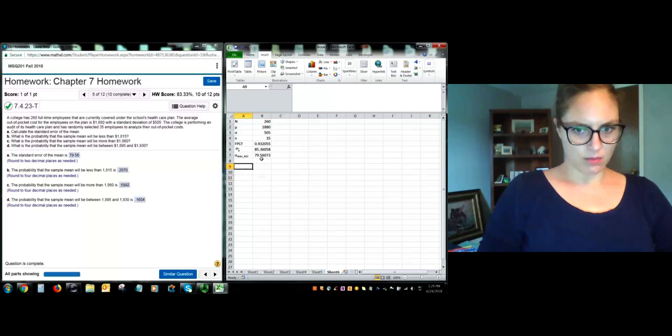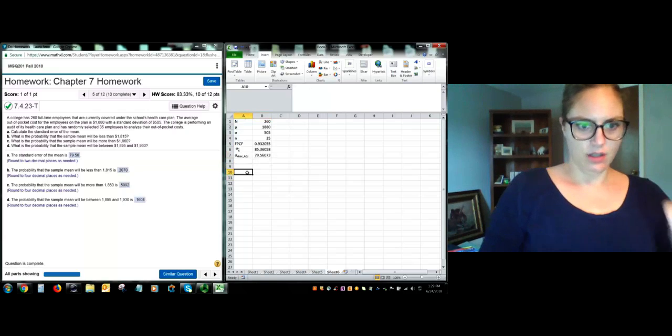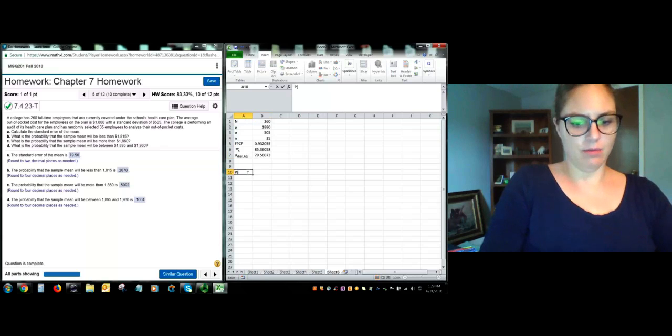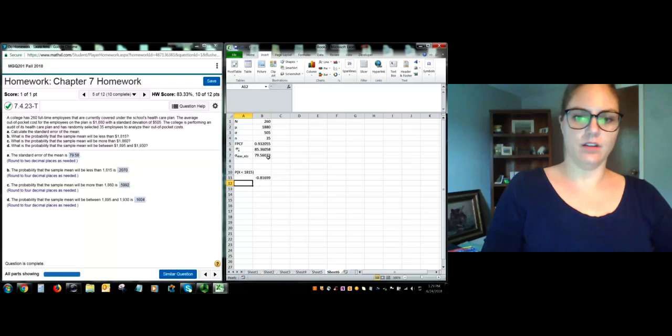All right, so that's what we're going to be using in our z-score when we're figuring out what the probability of, in this case, x being less than 1815. Okay, so let's first calculate what that z would be. 1815 minus mu, 1880, divided by our standard error adjusted.